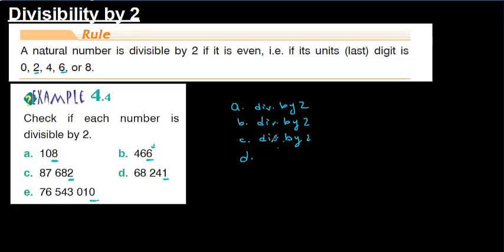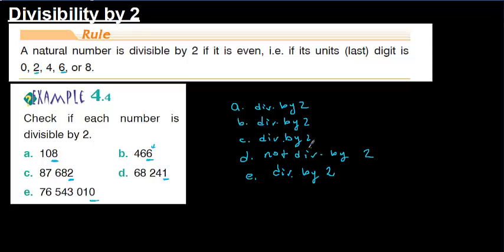And D1 is not divisible by 2 because the last digit is 1. And the last one, E1, the last digit is 0, so it is a member of this group, so divisible by 2.